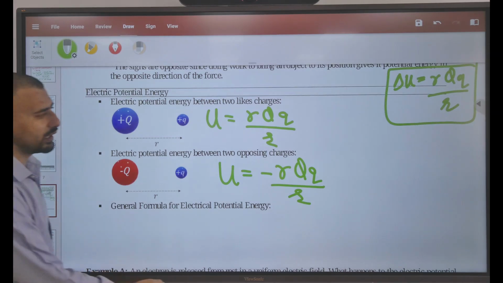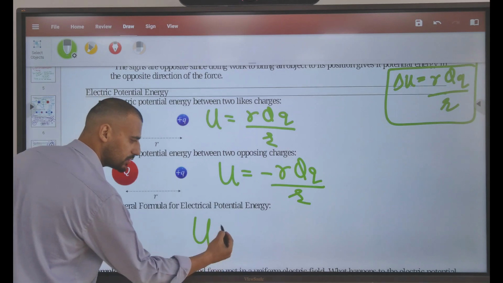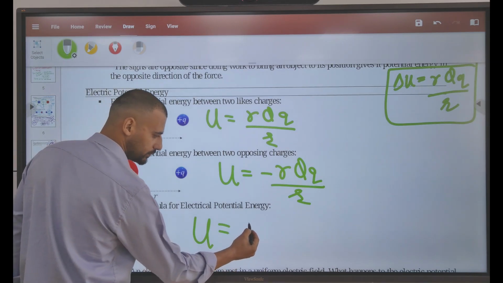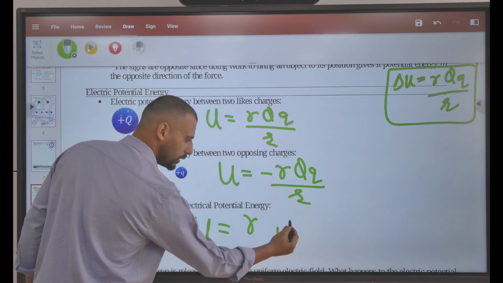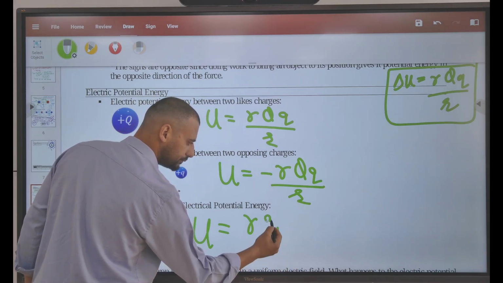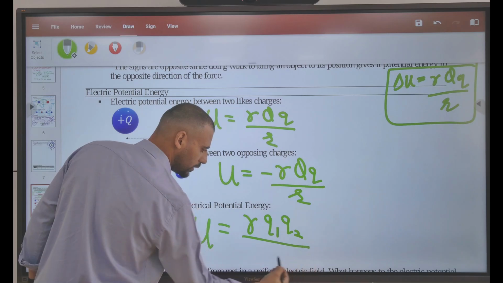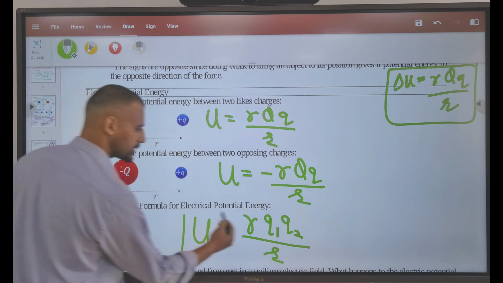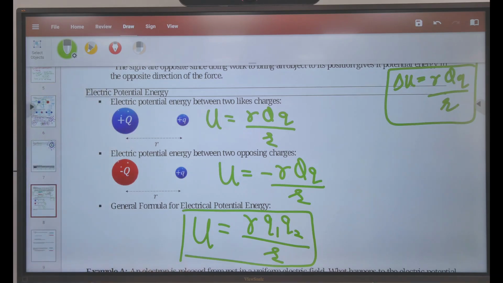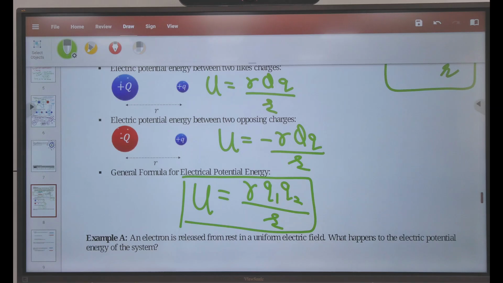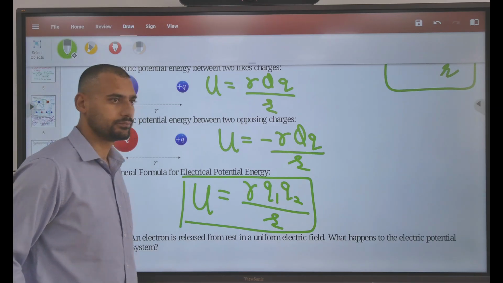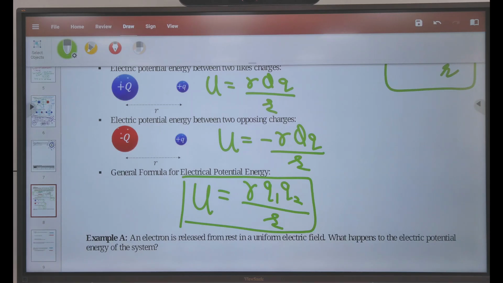And the general formula is always this. Potential energy in general is equal to gamma q1 q2 upon r. Remember, this is the general expression for the potential. We'll be using this in numericals.